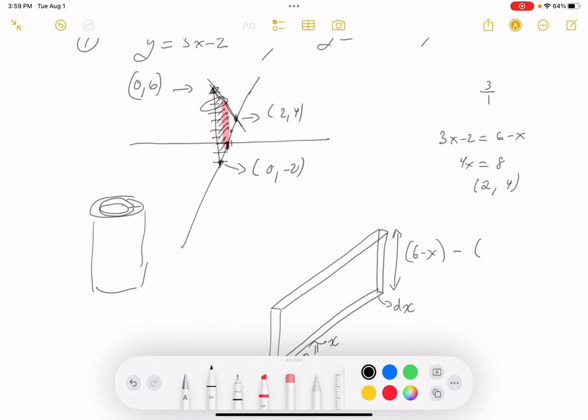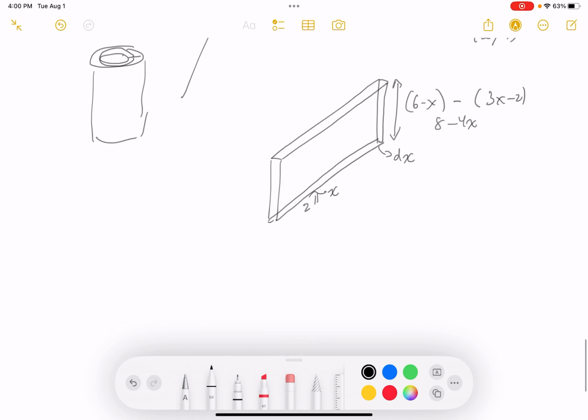What's the lower curve? It's 3x minus 2. So what are you going to get? Well, 6 minus minus 2 is 8. Minus x minus 3x is minus 4x. So the volume of this box is 2 pi x times (8 minus 4x) dx, just taking these dimensions here.